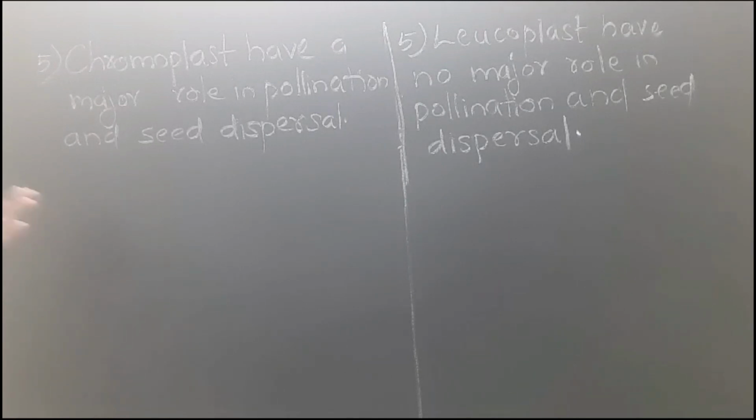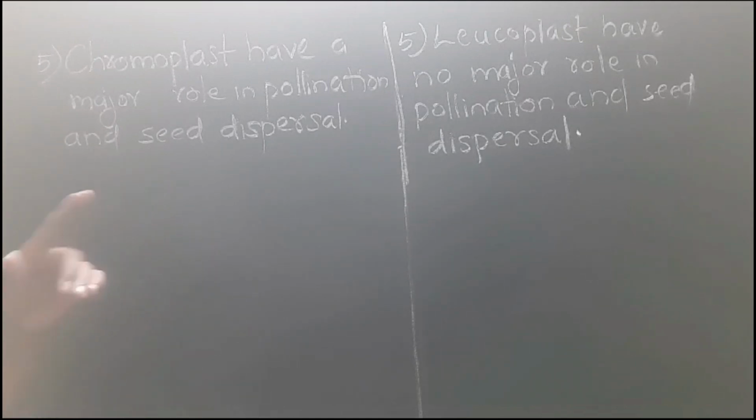So the flower is attracted to the insects, which are agents for pollination. And then seed dispersal also through animals and insects. Animals are also attracted to the plants because the leaves have color.